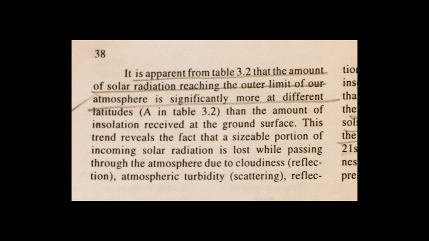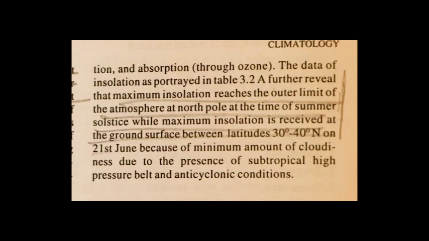This trend reveals the fact that a sizable portion of incoming solar radiation is lost while passing through the atmosphere due to cloudiness, atmospheric turbidity, reflection, absorption, and so on. The data of insolation as portrayed is in the table.